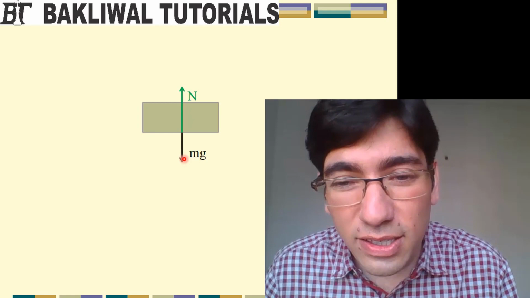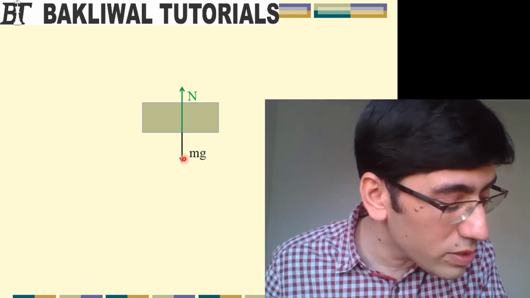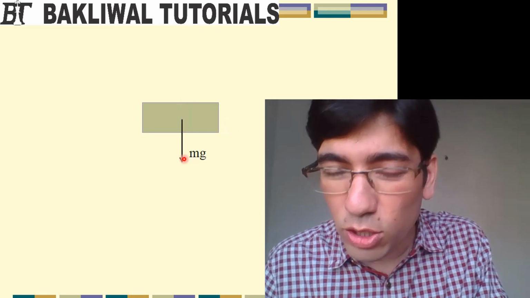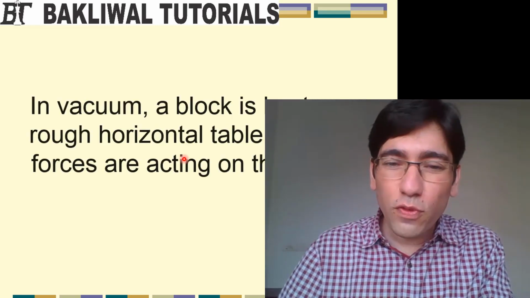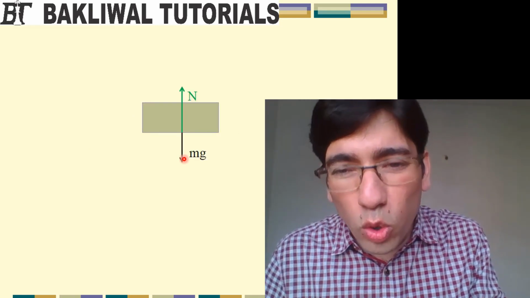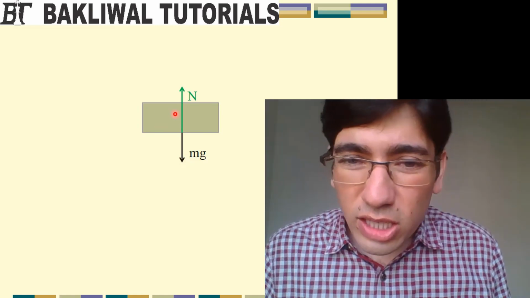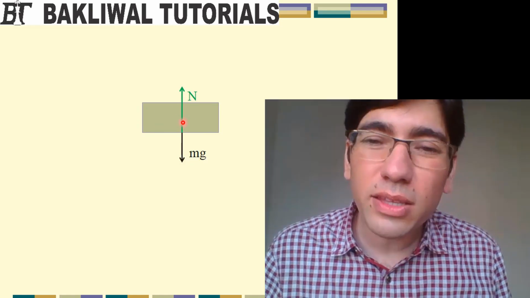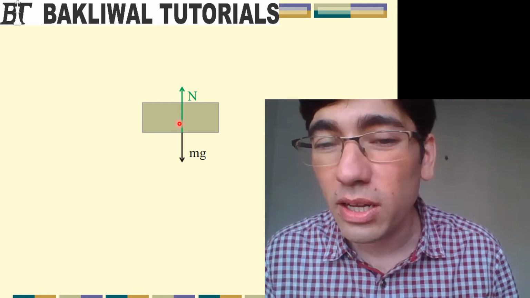See, at the first place itself, please remember that I asked you to tell me what all forces are acting on the block. Here is the question. What all forces are acting on the block? So you should only tell me the forces acting on the block. चलो एक बार के लिए मान लेते हैं तुम्हारी बात that normal force is acting on the block and mg is acting on the table.